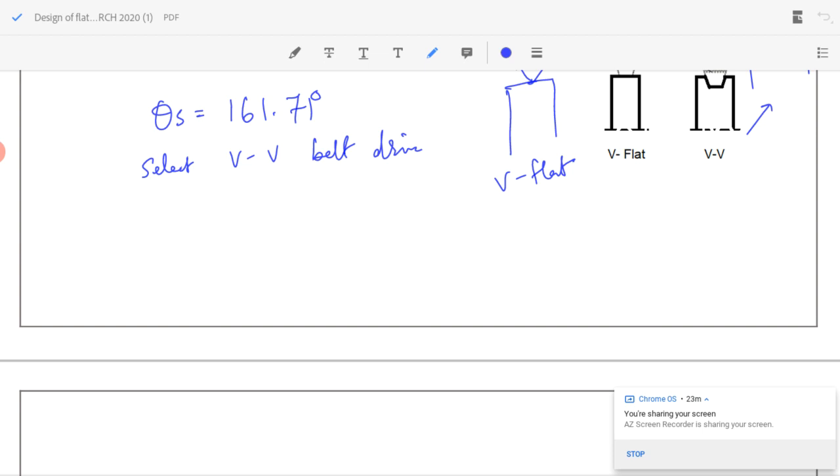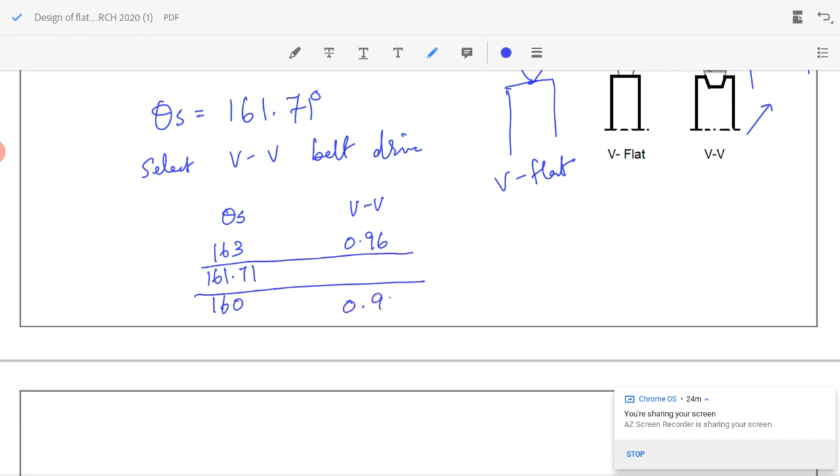So for theta s, 163 and 160 are the table values, and our required value is 161.71. For VV belt, it is equal to 0.96 here and 0.95 there. I have to find this value of Ka. For this case, I will do the interpolation. I will put the numbers 1, 2 and 3.